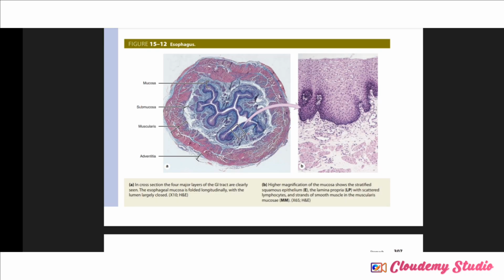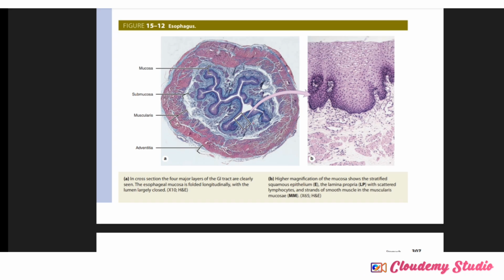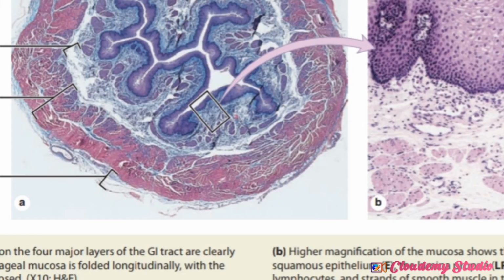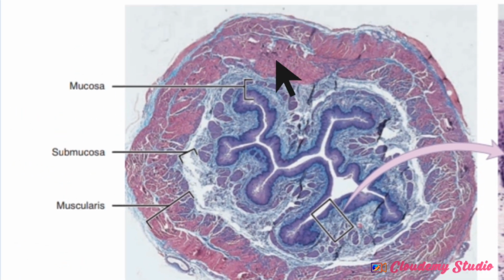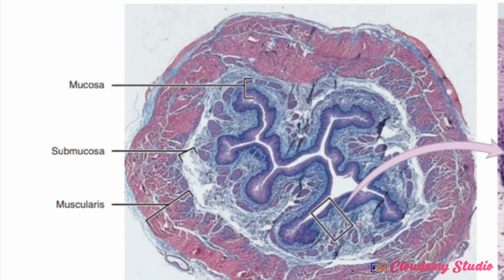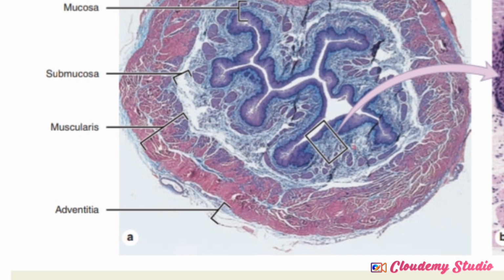Now, this is a cross section of the esophagus. We have the mucosa here, we have the submucosa, we have the muscularis externa, and we have the adventitia. Remember that the adventitia is made up of simple squamous epithelium.